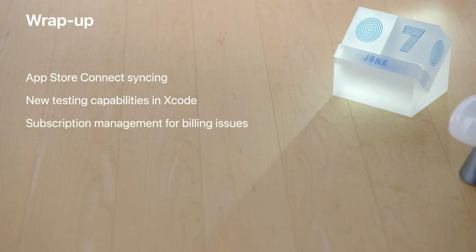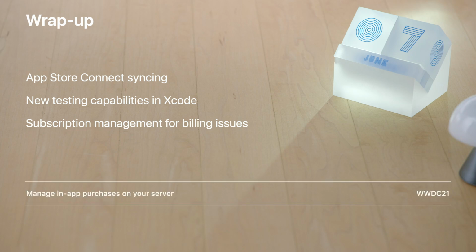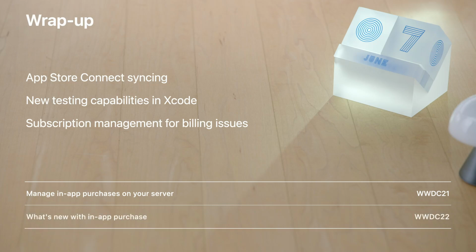And subscription management testability will enable you to evolve your app to ensure a great customer experience, even if their service is interrupted. For details on how a billing failure impacts subscription receipts, plus App Store Server Notifications v2 in Sandbox, I recommend the WWDC 21 session, Manage In-App Purchases on Your Server. Also, to hear about what's new in App Store Server API and v2 notifications, check out What's New with In-App Purchase.